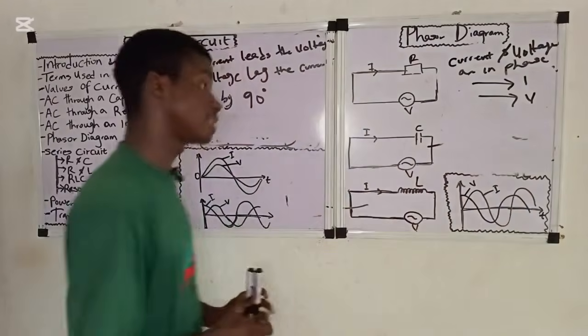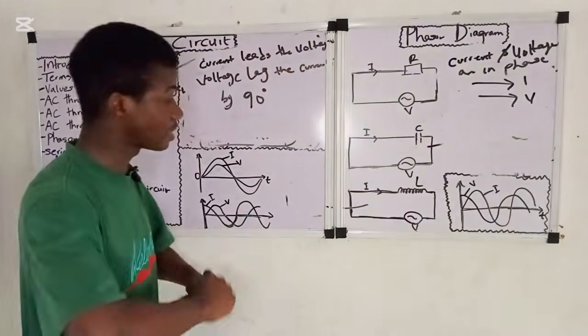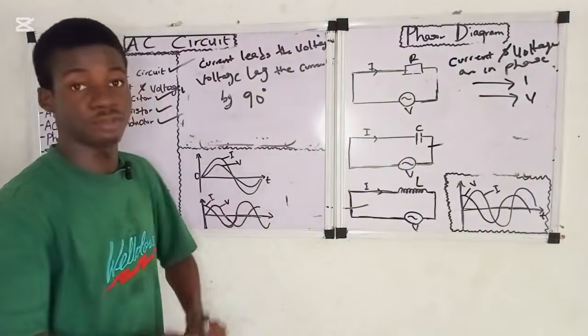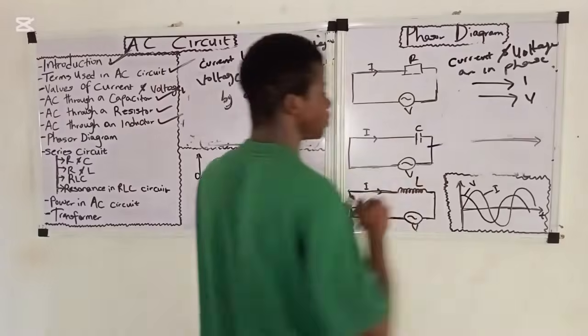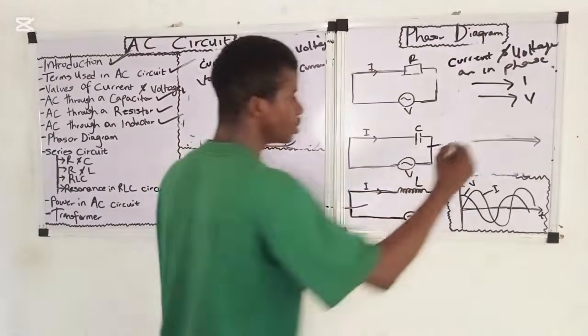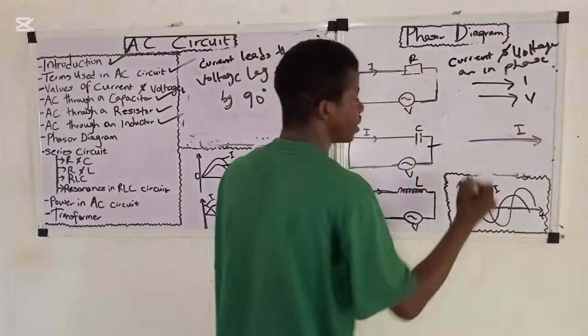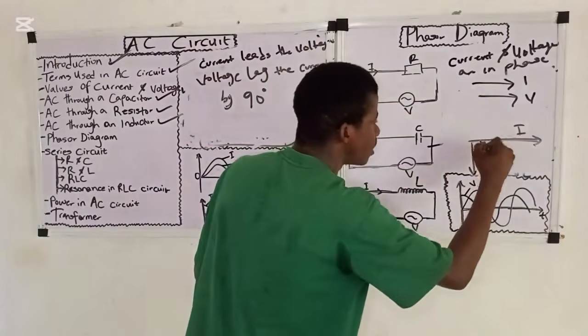In a purely capacitive circuit, remember the current leads the voltage. The current is usually horizontal, so this will be the current. Then the voltage will go down.